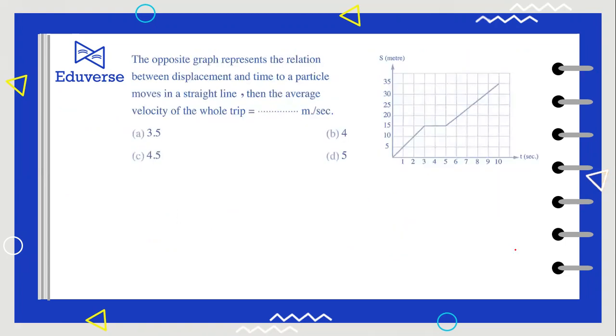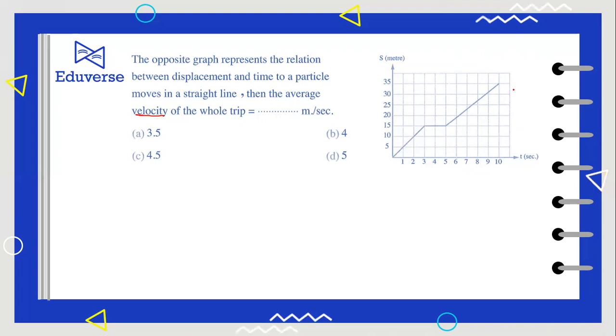The opposite graph represents the relation between displacement and time for a particle moving in a straight line. Then the average velocity depends on the displacement. What is the displacement here?